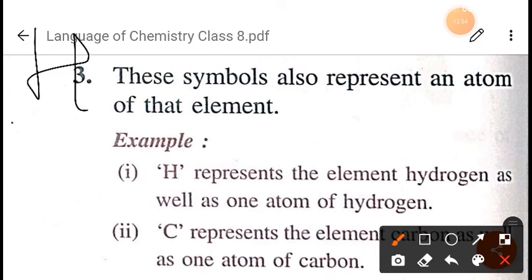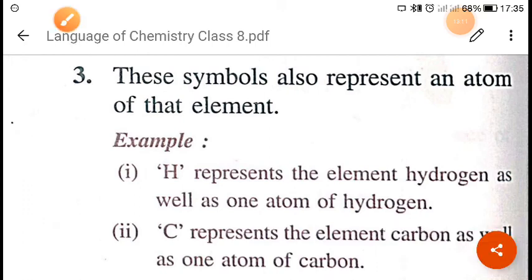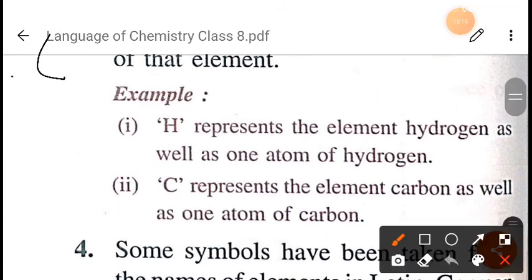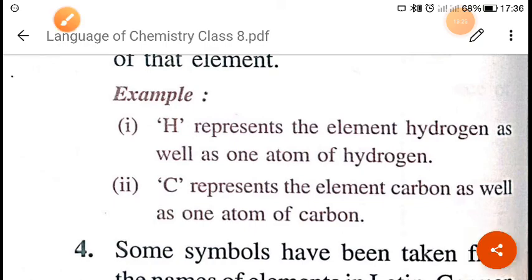When we talk about carbon, C represents the element carbon as well as one atom of carbon. In the same way, O represents the element oxygen as well as one atom of oxygen. I hope you have understood this.